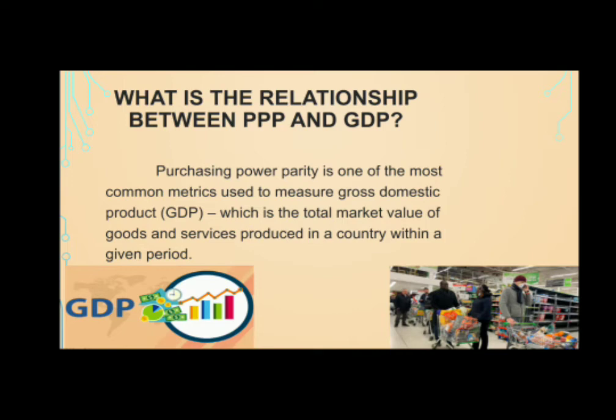However, it is difficult to compare the GDP of India and the United States on market exchange rates as it does not take into consideration the differences in the cost of living. But adjusting the GDP figures with the purchasing power parity helps economists make a more valid comparison between economies.